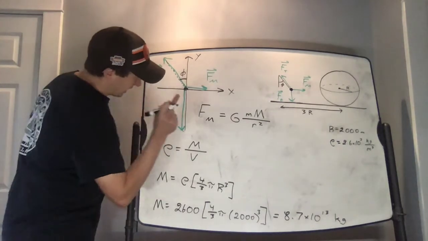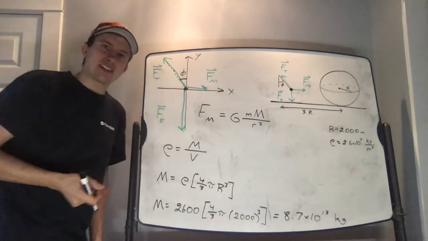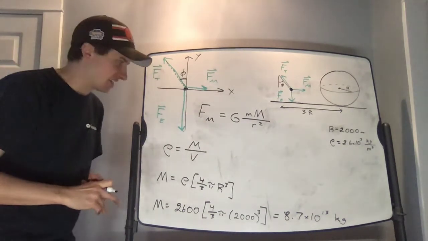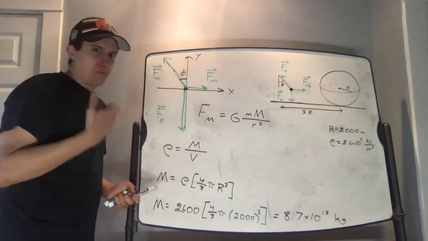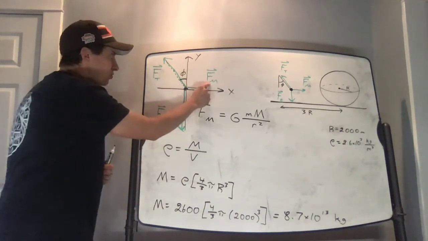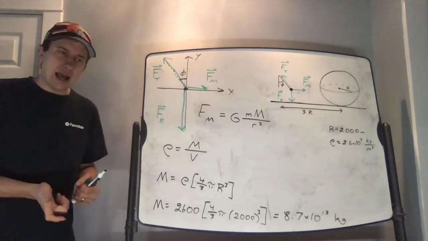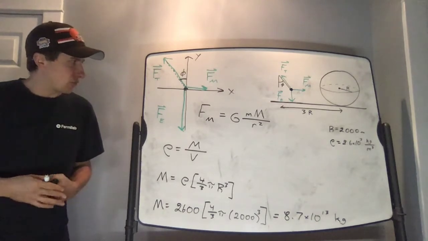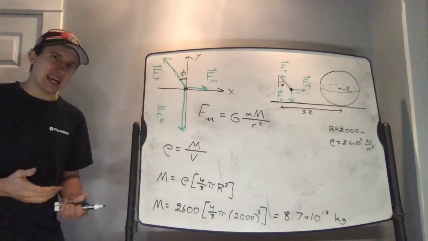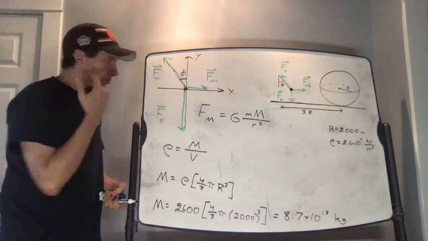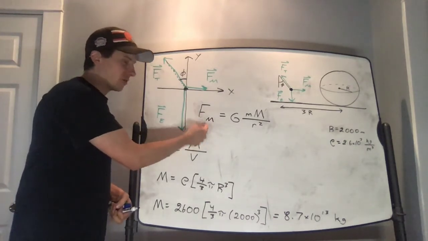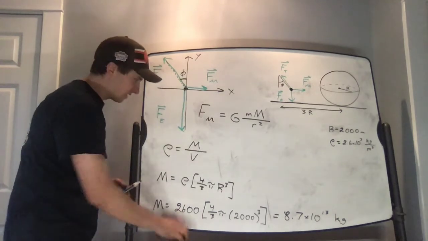Now, as I said, I do not have the mass of the small object that is tied to the string. So even though I said we're finding the magnitude of this force of gravity, it's probably more accurate to say we're finding this force of gravity as much as we can. There will still be an unknown. We won't have a number for the magnitude of this force of gravity.